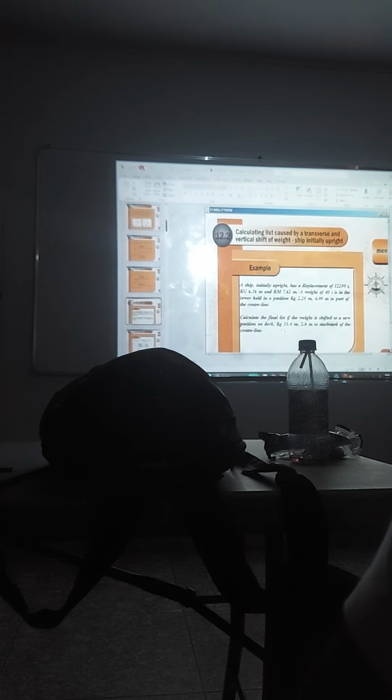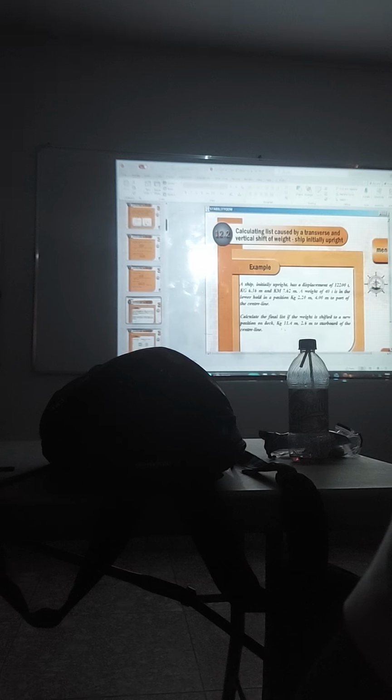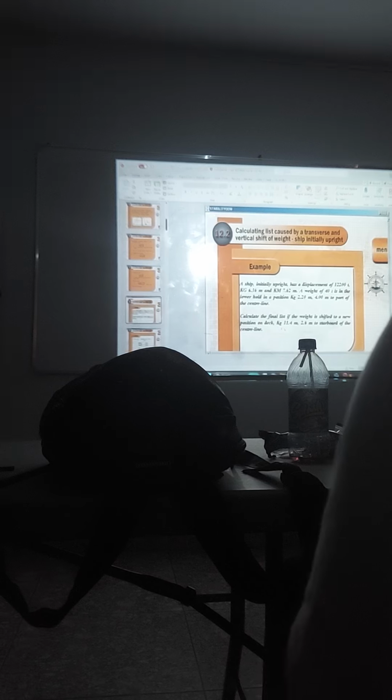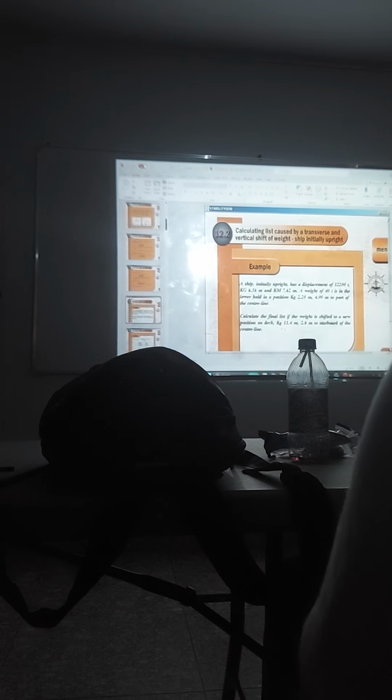A ship initially upright has a displacement of 12,200 tons, KG, or whatever it is. A weight of 40 tons is in the lower hold in a position KG and 4 meters to port of the center line. Calculate the final list if the weight is shifted to a new position.